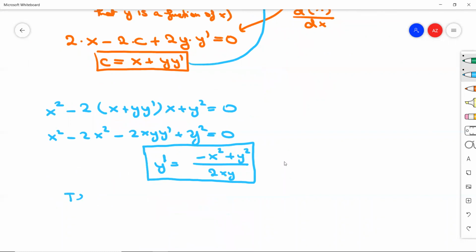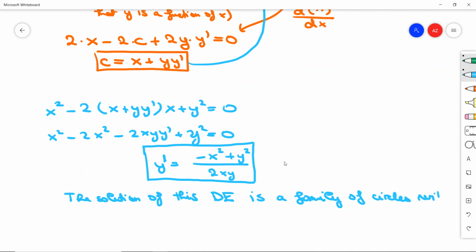So the solution of this differential equation is a family of circles with centers on the x-axis passing through the origin.